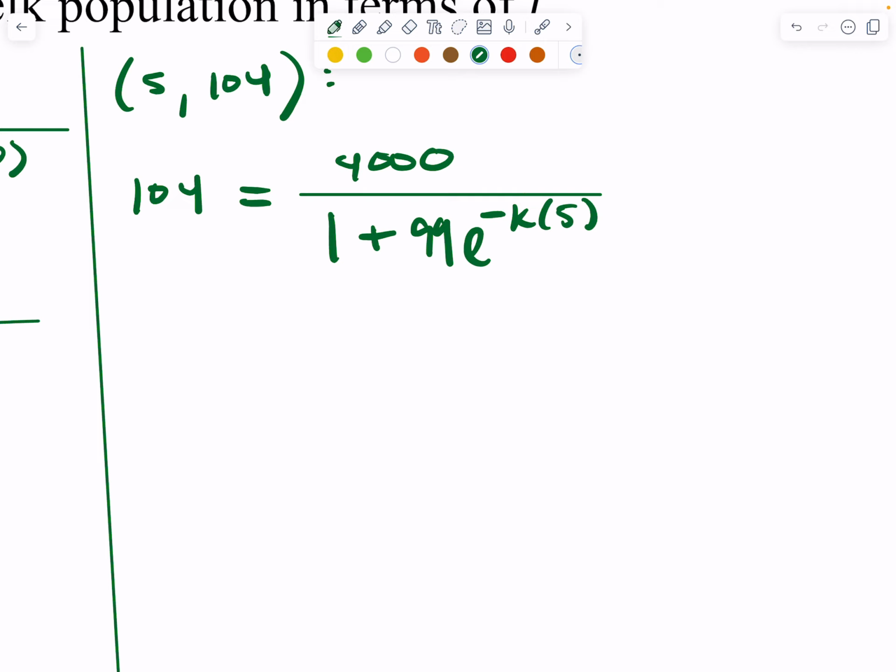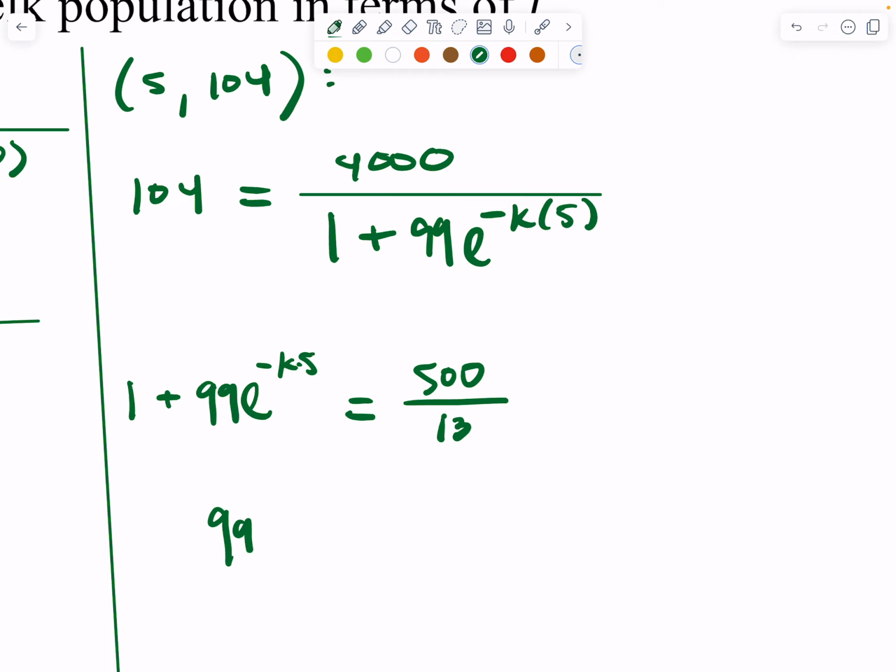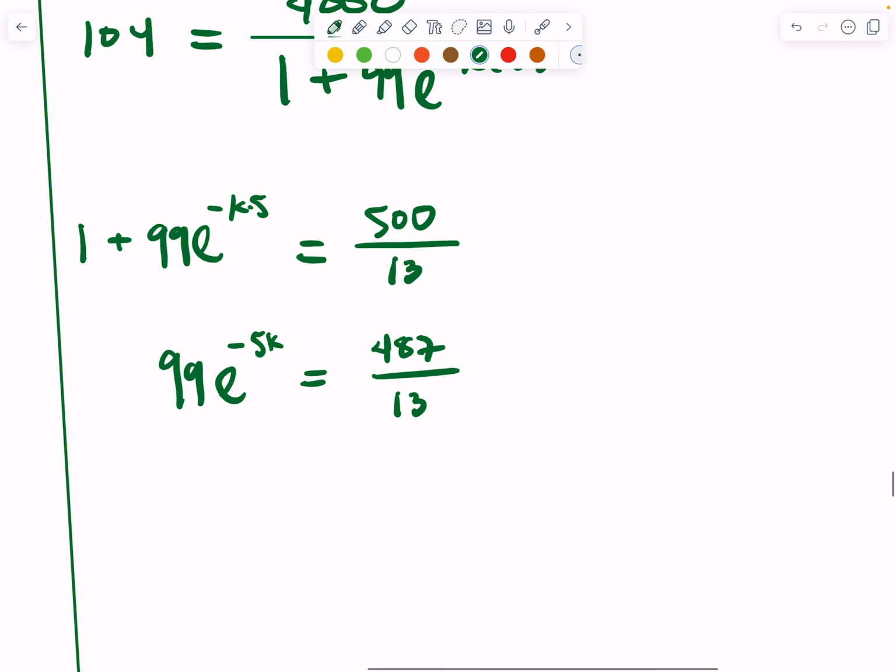But if I were to multiply by 1 plus 99 times e to the negative k times 5 power on both sides and divide by 104, I'm trying to keep the time on this video down. 4,000 divided by 104 would be 500 over 13. Subtracting by 1 on each side, that is going to be 487 divided by 13.